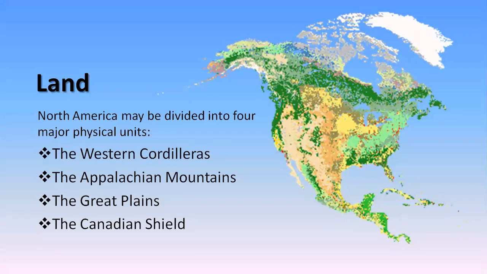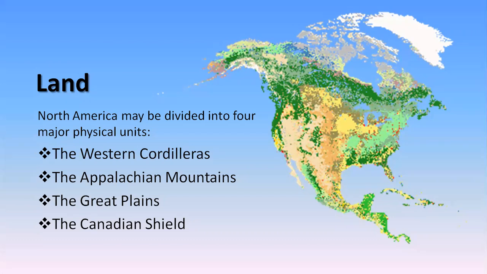In this video, we will study the last two. So just to rewind, what are the physical divisions of North America? First, the Western Cordilleras. Second, Appalachian Mountains. Third, Great Plains. Fourth, Canadian Shield. In this video, we will discuss the Great Plains and the Canadian Shield.